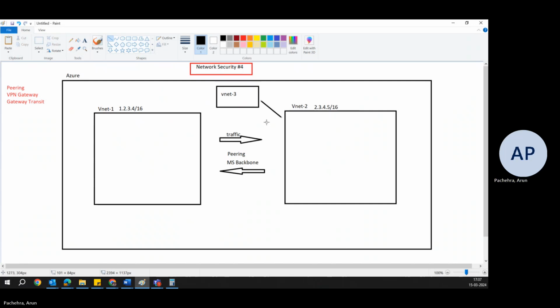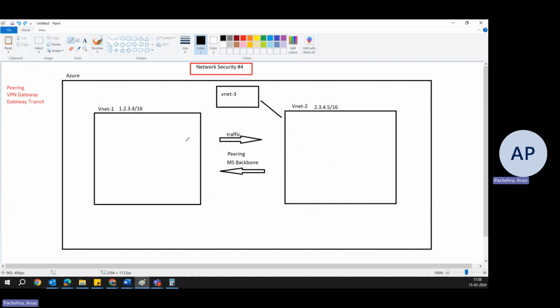So this is connected, this is connected, but it doesn't mean that if VNet 1 is a friend of VNet 2 and VNet 2 is a friend of VNet 3, then VNet 3 will definitely be a friend of VNet 1. No, no, no. So it's not transitive. The traffic cannot go like this. It's non-transitive. Very important.